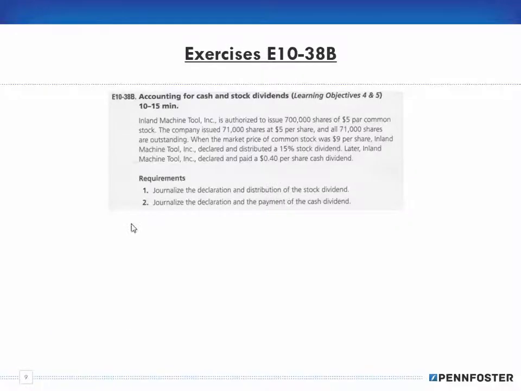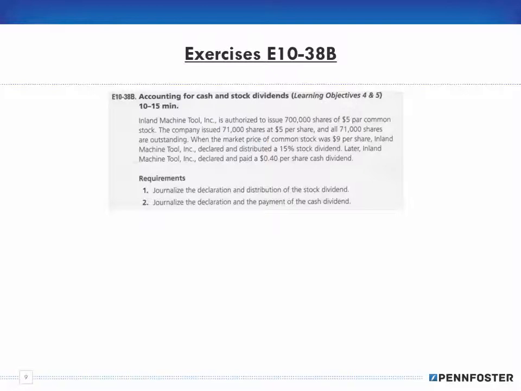Okay, we are working on 10-38B for this video, probably this one and the next one. So let me get my pen. All right, so it says accounting for cash and stock dividends. Inland Machine is authorized to issue 700,000 shares of $5 par common stock. The company issued 71,000 shares at $5 per share, and all 71,000 shares are outstanding.